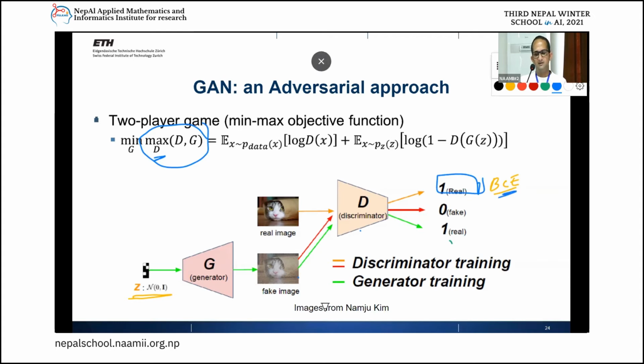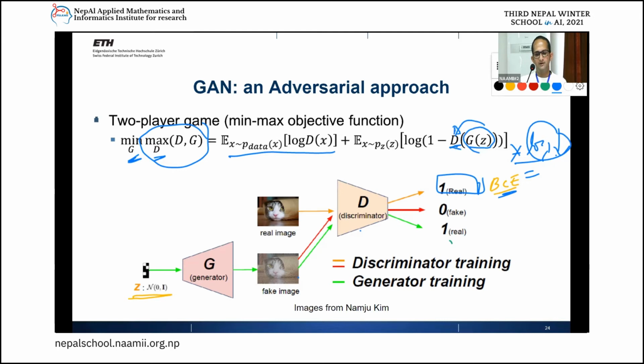So basically in the binary cross entropy, the minus log is taken, right? This is minimized. Basically, if you don't put the negative, this term is maximized. And you train your generator such that the generator takes the noise and passes it to the discriminator, right?